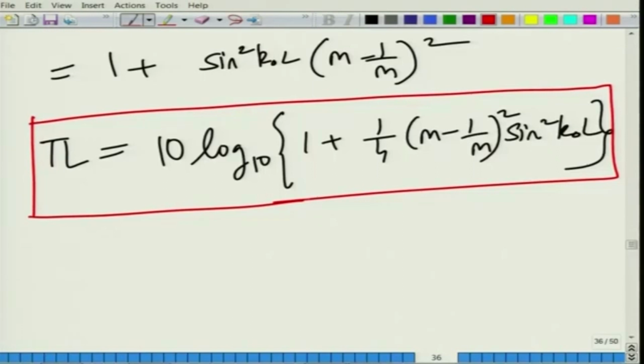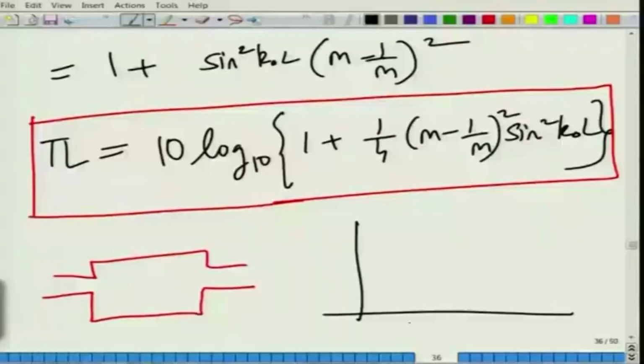It is a nice, beautiful, compact relationship, and we will worry about the implications of this relation in the next lecture, week 5 lecture 1. We would like to do a fairly detailed analysis of how the transmission loss varies with frequency for a simple expansion chamber.